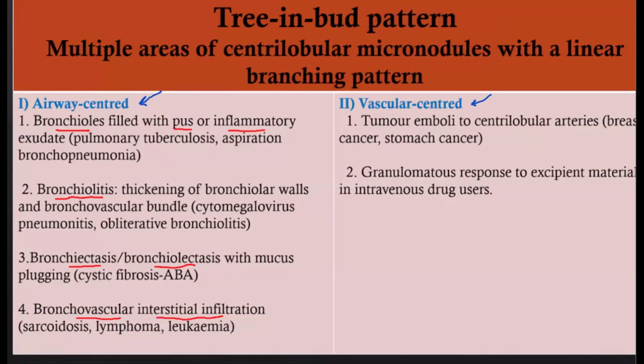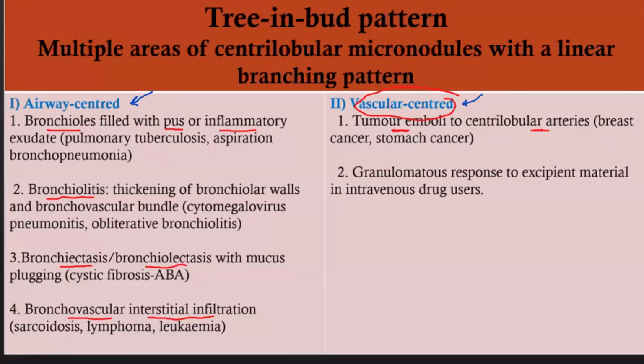The vascular cause is less likely and very rare, but it is considered one of the causes: tumoral emboli to the centrilobular arteries, most commonly breast cancer and gastric carcinoma. Those are the most common causes of the tree-in-bud infiltrates.